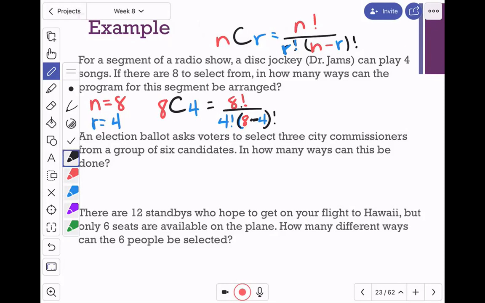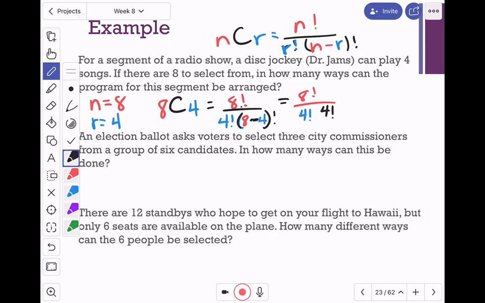Calculating this then, let's clean up the bottom first. The bottom is 4 factorial times 8 minus 4, which is just 4, so that's 4 factorial.